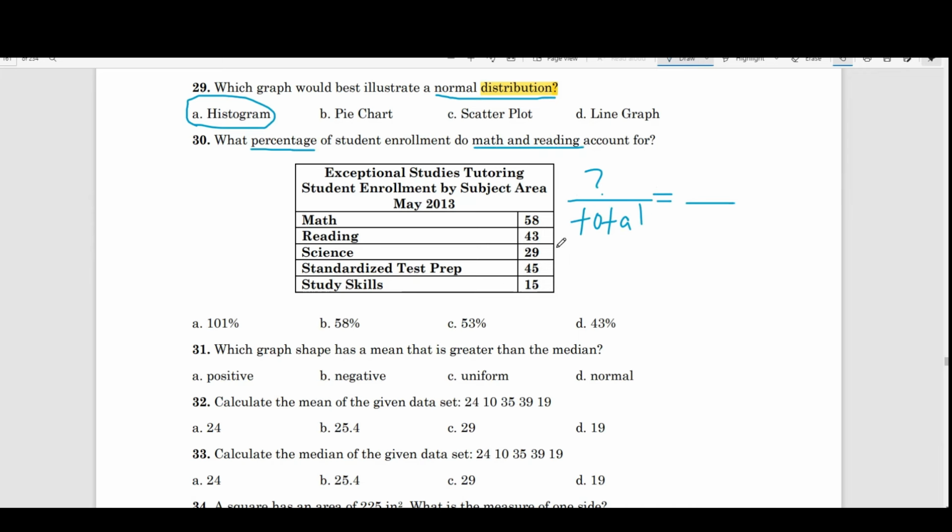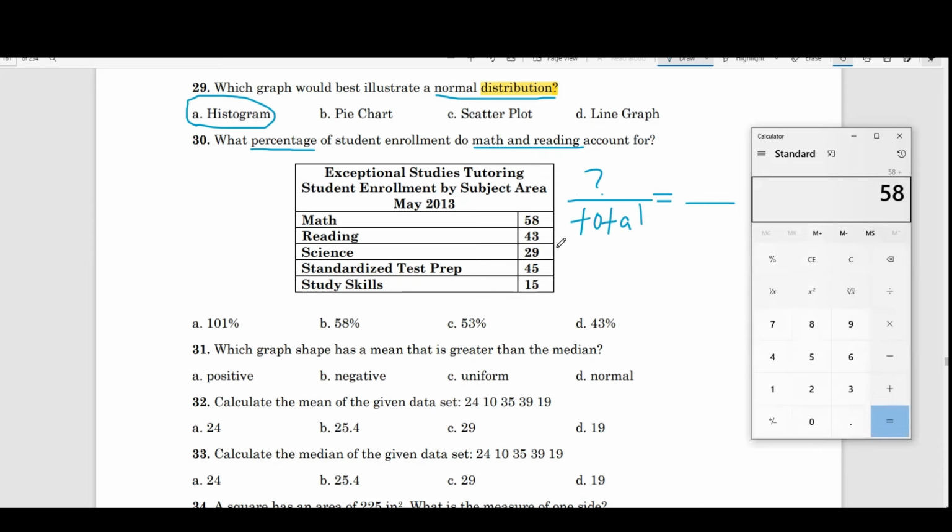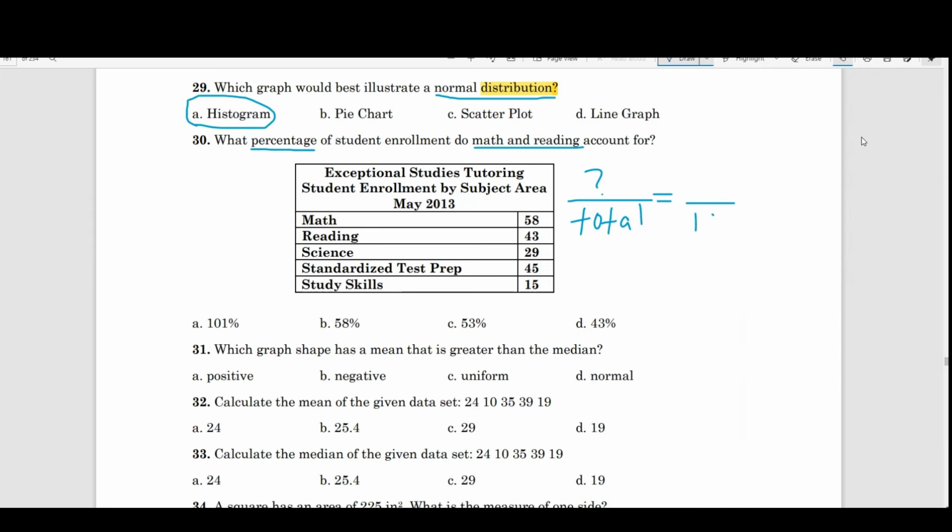So total, when we add all of these values together, we get 58 plus 43 plus 29 plus 45 plus 15. That gives us 190. And then math and reading. And means we add. So we're saying 58 plus 43, which is 101. All right, and then we're going to convert this to a percentage.